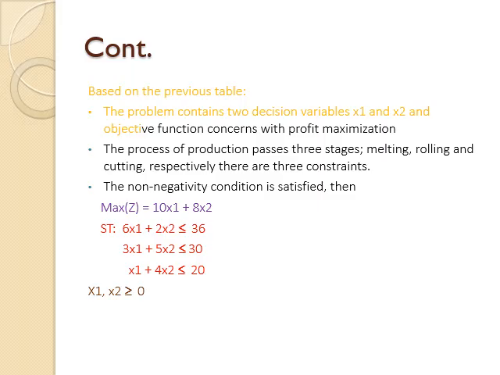An objective function concerns profit maximization. The second information is the process of production passes 3 stages: melting, rolling, and cutting.